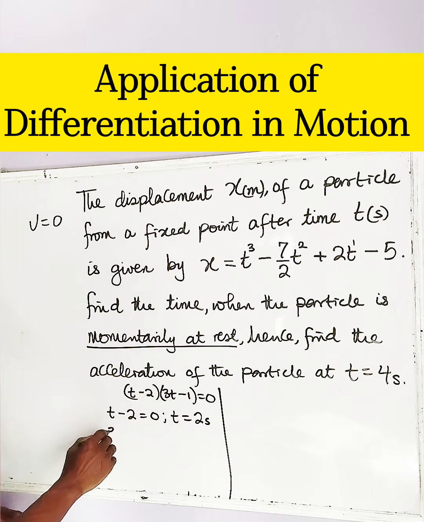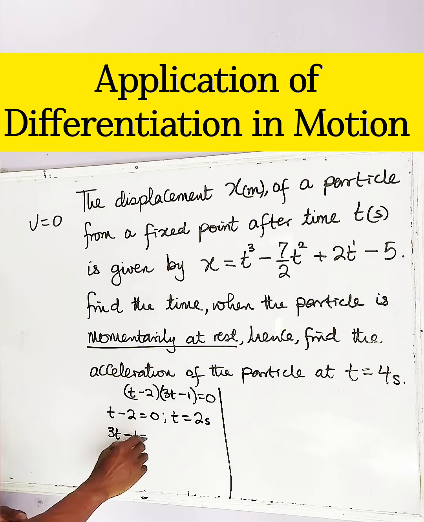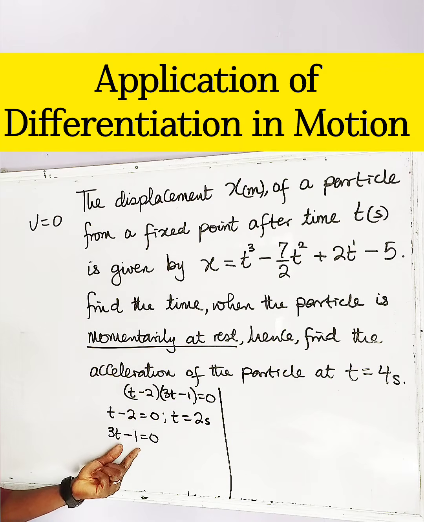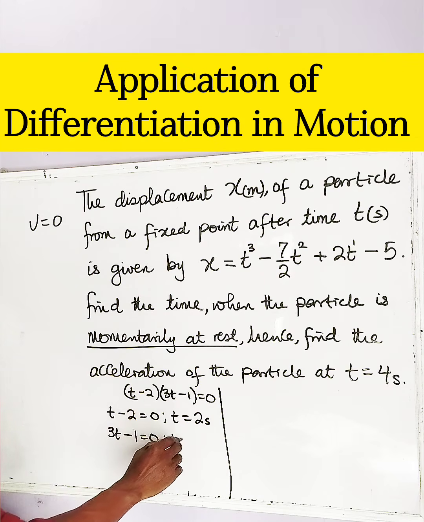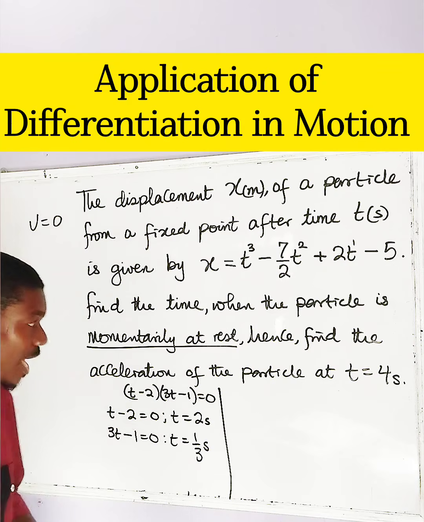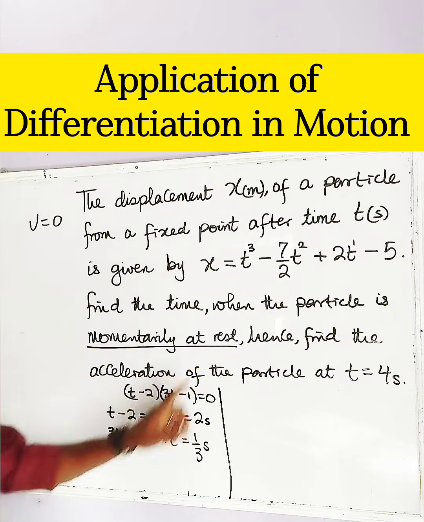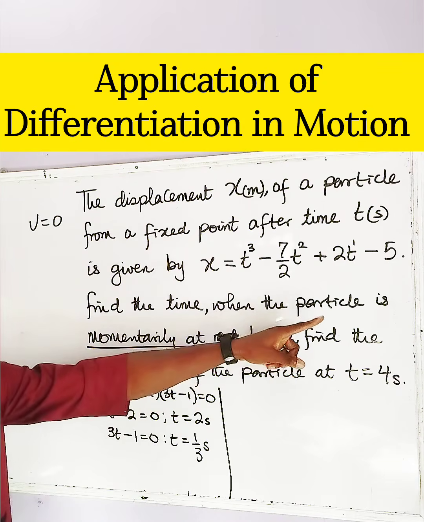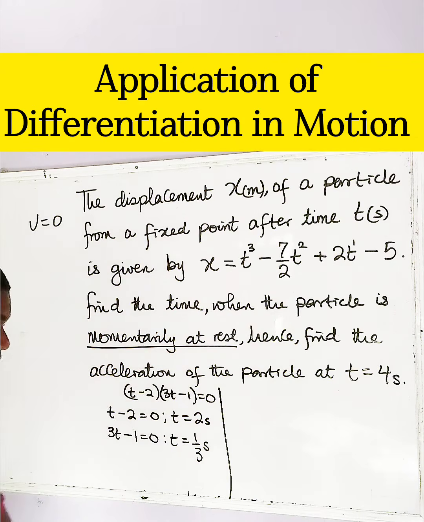The next one is 3t minus 1 equals 0. When we add 1 to both sides and divide by the numerical coefficient of t, we end up having t equals 1 over 3 seconds. So these are the times when the particle is momentarily at rest.